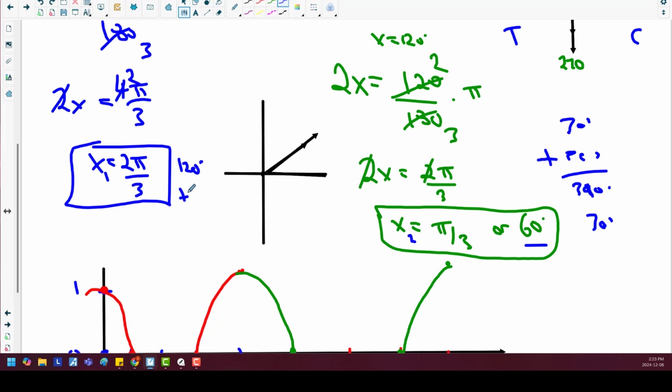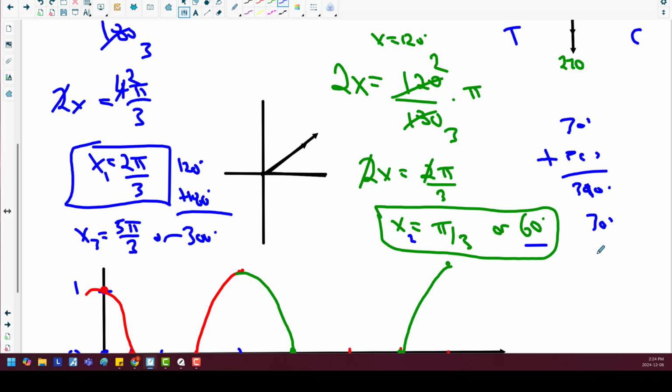So I can just add 180 degrees to this, 120 plus 180, and I will get 300 degrees, I believe. Or I can add pi, 2 pi over 3 plus pi, which, remember, pi is just 1 pi, so it's the same thing as 3 pi over 3. So 2 pi over 3 plus 3 pi over 3 is going to be 5 pi over 3.